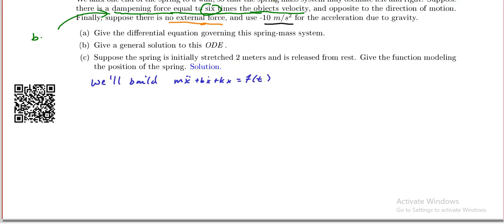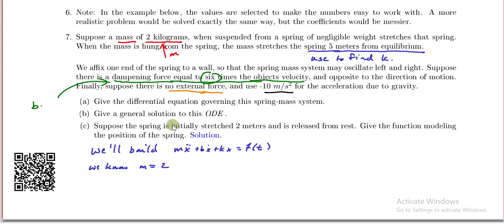Okay. So here we already know m is equal to, we said that the mass was equal to 2 kilograms. Now folks, sometimes I might give you the weight of this object, and then you'll have to find out what its mass is based on converting from weight to mass. So watch out for that sometimes. We're told that the drag coefficient is actually 6. We're told b equals 6 explicitly in this problem.